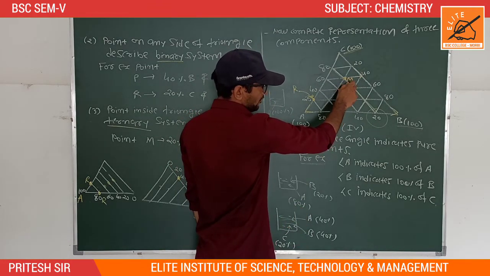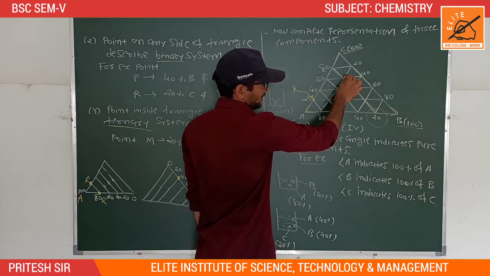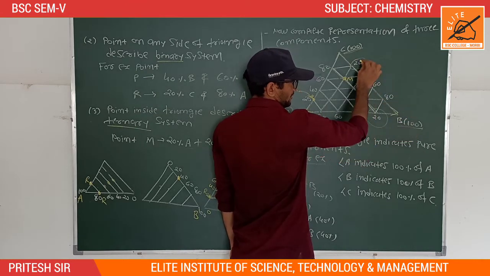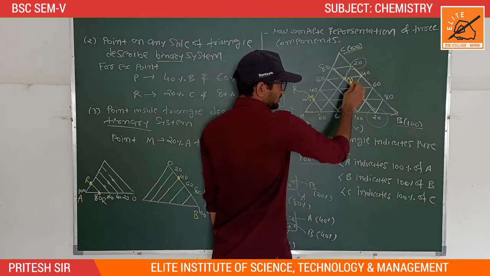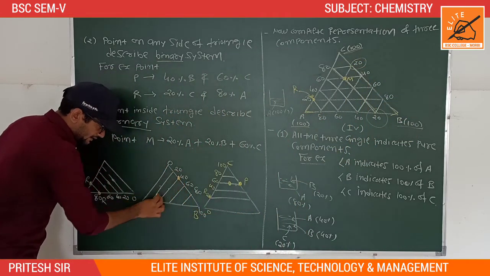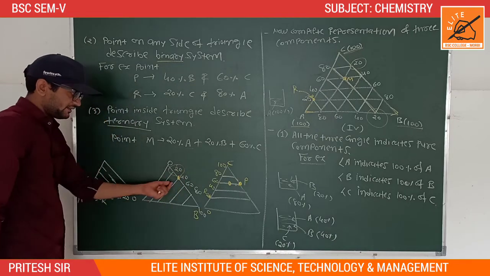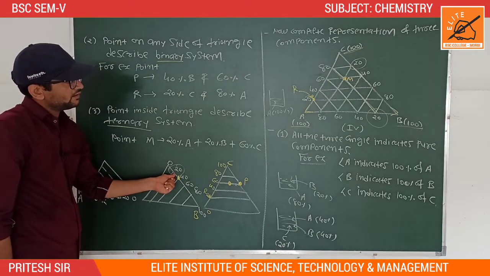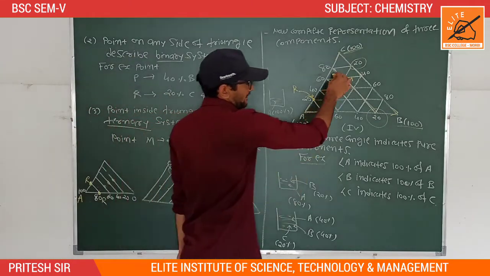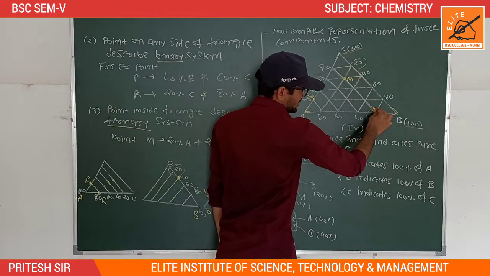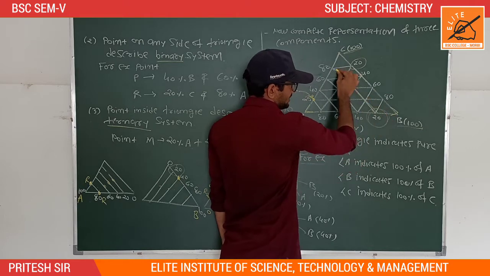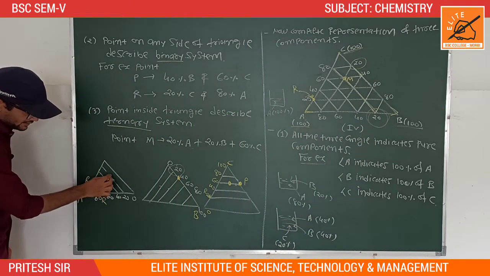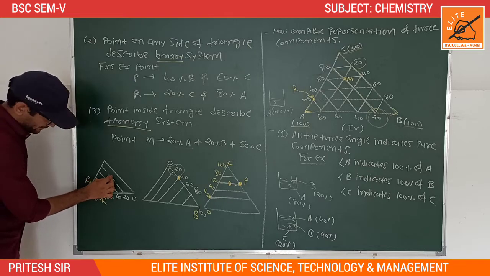The composition of M is 20% of B, because this line indicates the composition of B is 20% at this exact position, and the composition of A is 20%. This line indicates the composition of A, and this line indicates where point M is present.